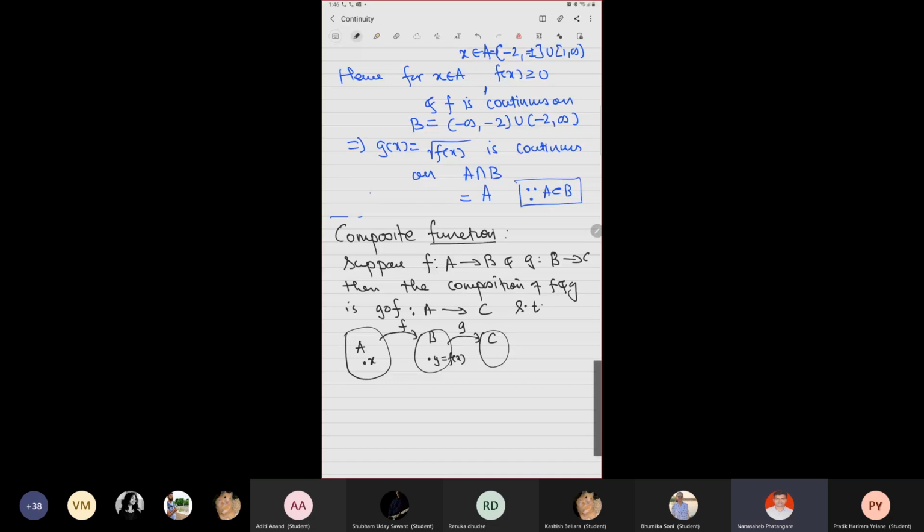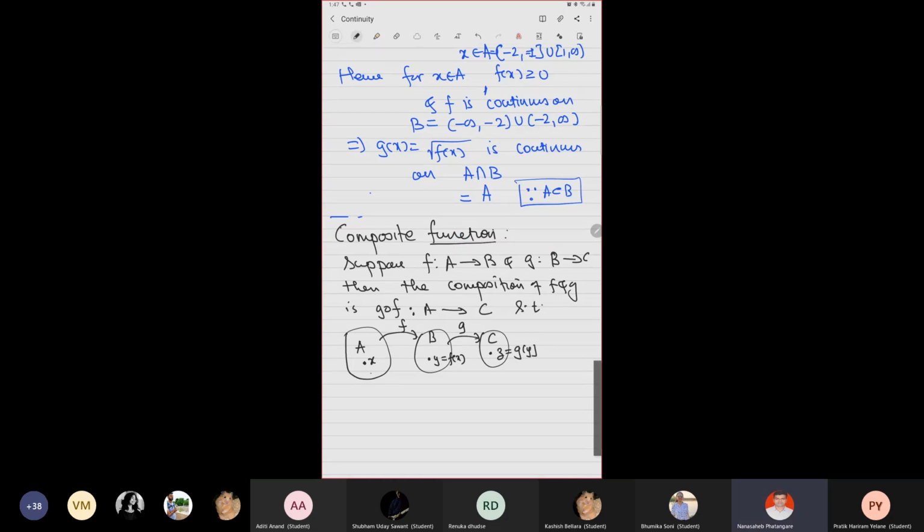If we apply f on x, I get element y, which is in B, and can I apply g to y? Right? Yes, sir. And what is the image of y? Let us call this image z, which is g of y.